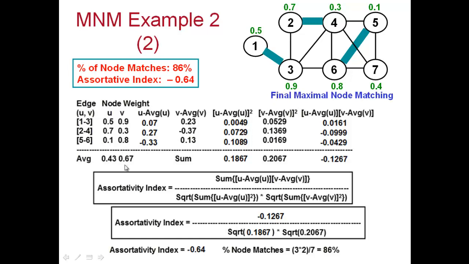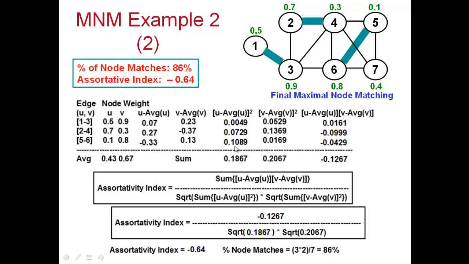Similarly, v minus the average of v: 0.9 minus 0.67 is 0.23, 0.3 minus 0.67 is negative 0.37, 0.8 minus 0.67 is 0.13. Now square these differences and add those squared values.